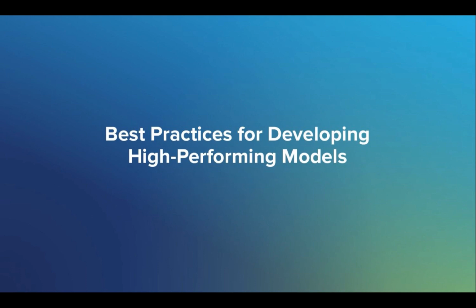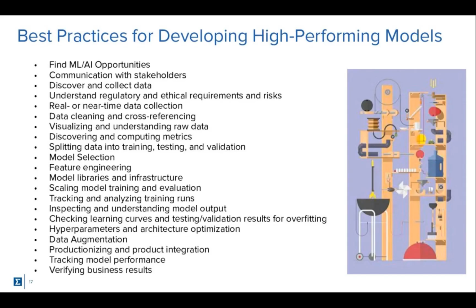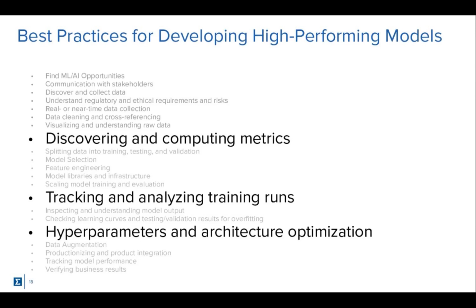So what I'll be talking about today is best practices, using SigOpt as an example. As you all probably know, there are many different important steps in the ML modeling process, but we're going to focus today on a few key areas. Those are using metrics to make decisions about your modeling process, which includes using metrics to understand your model behavior, how your model is accomplishing certain goals; tracking your training runs so that you can understand all of that; and finally, hyperparameter and architecture optimization.